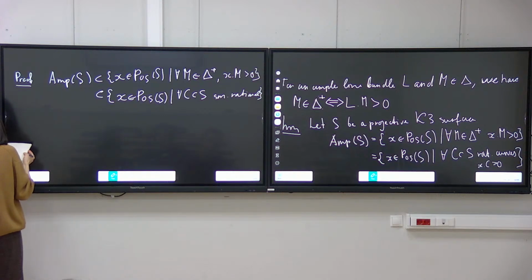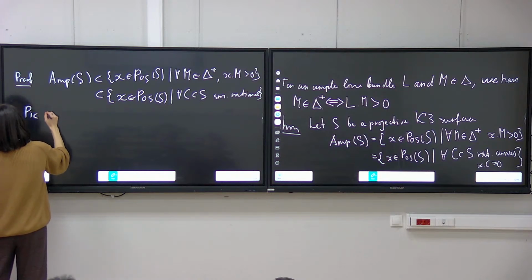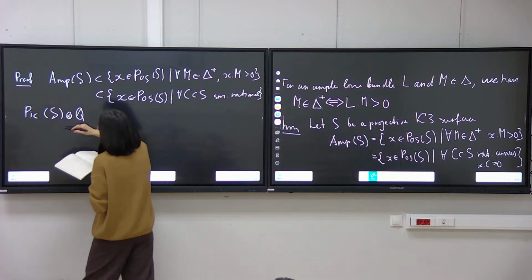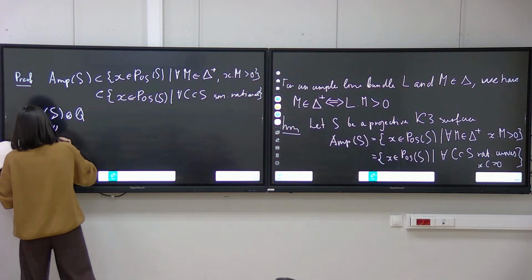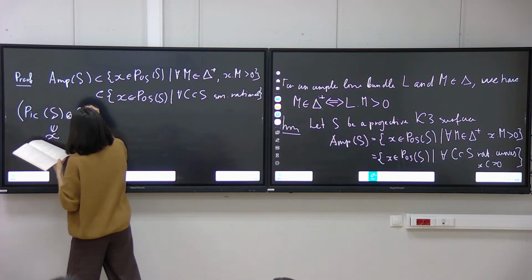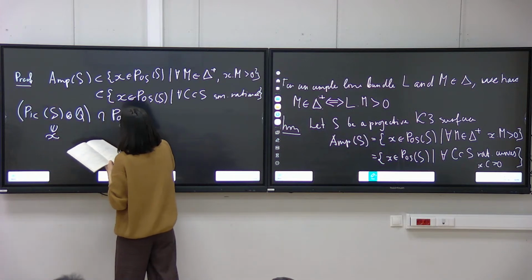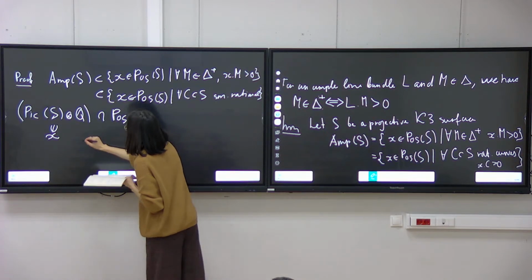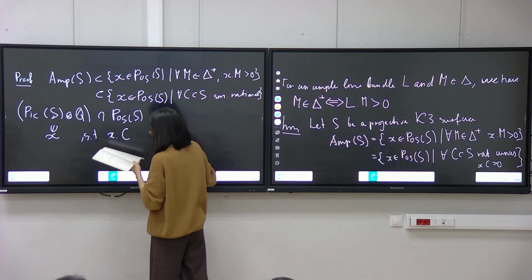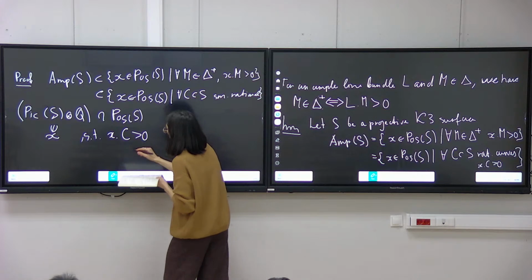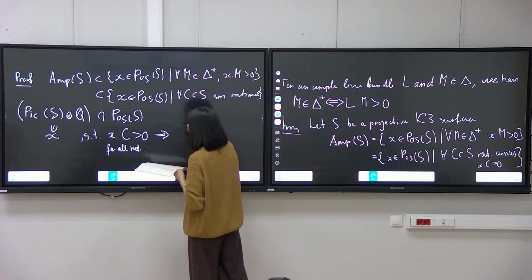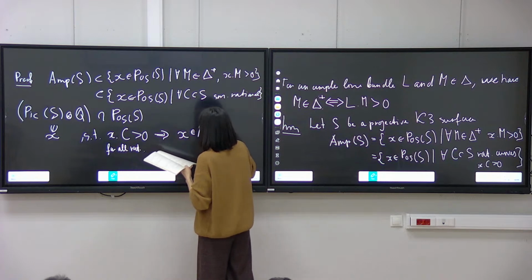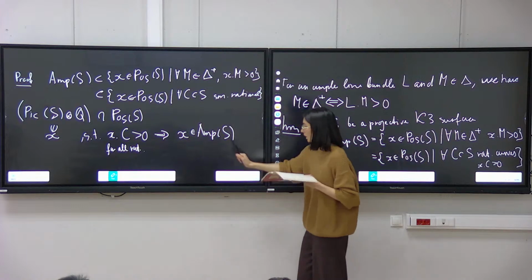Okay. Since this is dense in all these subsets, it's enough to show that if x lives here and is such that its intersection with all rational curves is positive, then x lives in the ample cone, right?